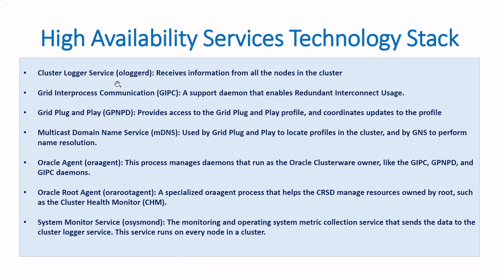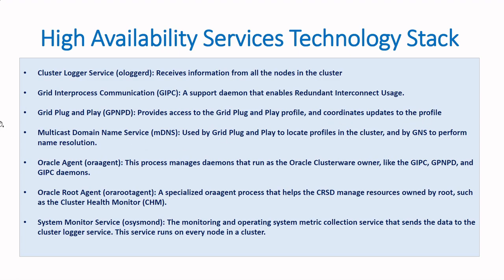So what are the processes in the HA stack? Logger, to log the information from all nodes. Inter-process communication, which allows the interconnect usage. Grid Plug and Play, which accesses the Plug and Play profile and coordinates updates to the profile.